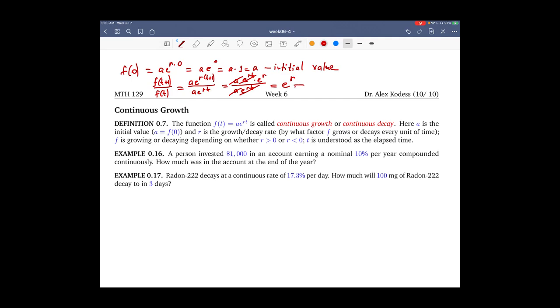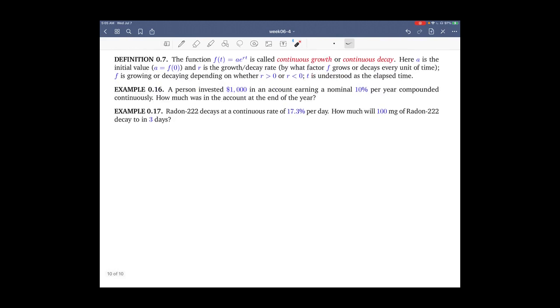And so clearly f at t plus 1 is f at t times e to the power r. And this explains that if r is greater than 0, our function grows. And if r is less than 0, our function decays. Let's see why.